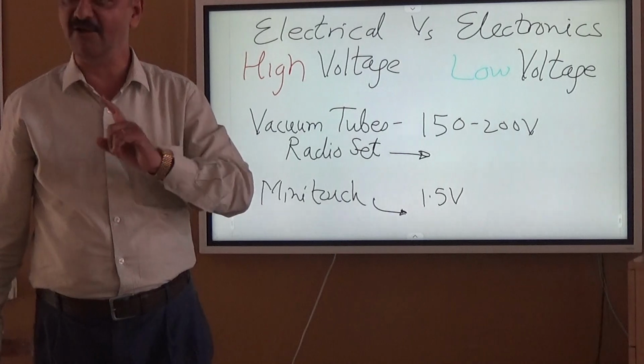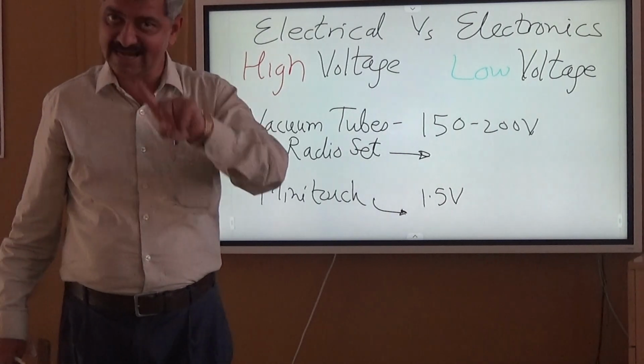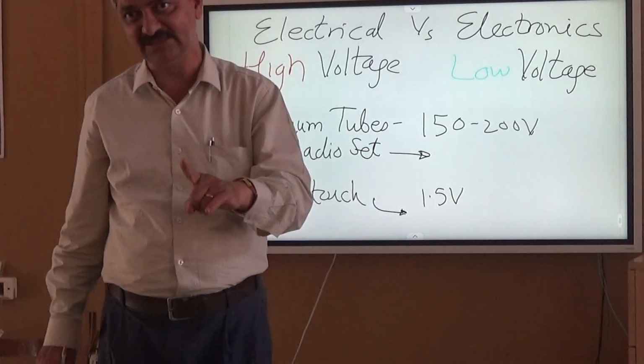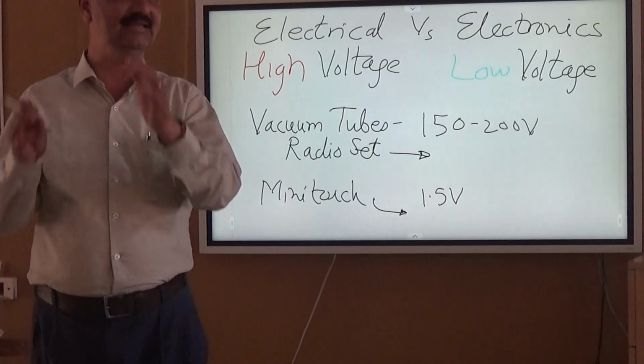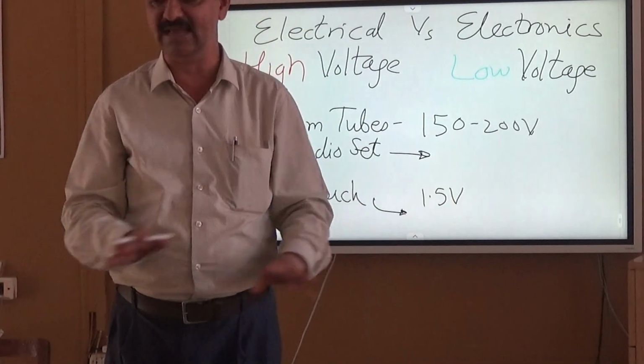No. I have deliberately chosen an extreme example to state very clearly that, she is not wrong, even though prima facie most of the people feel that electrical is high voltage and electronics is low voltage, that is wrong. It has nothing to do with it.